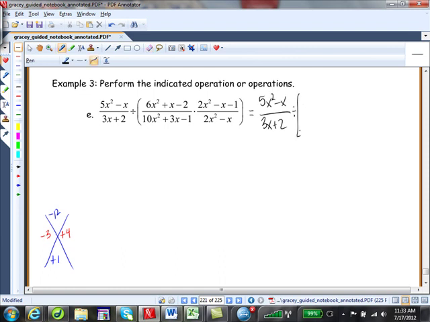Okay, so we'll have our 6x squared minus 3x's plus 4x's minus 2. Times, well, I'm going to keep them as separate fractions for the moment just to make it easier. So that'll be over. Now the second x. So far I've done this work on this guy.